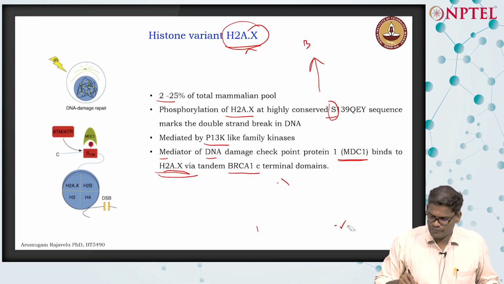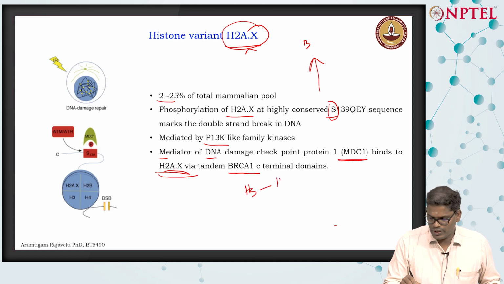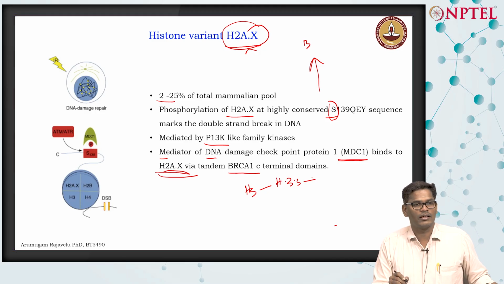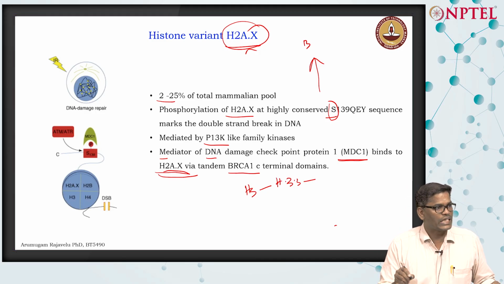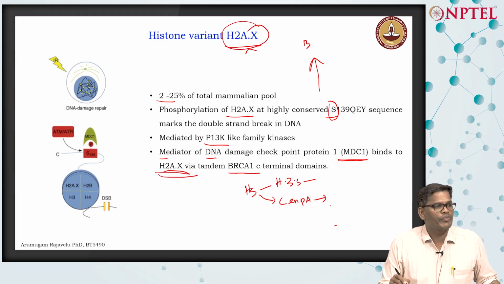the major variant functions. So H3, you have H3.3. This is for euchromatic regions, where these get replaced, or active regions. Then you have CENP-A. This is for the centromeric regions. That is also clear.